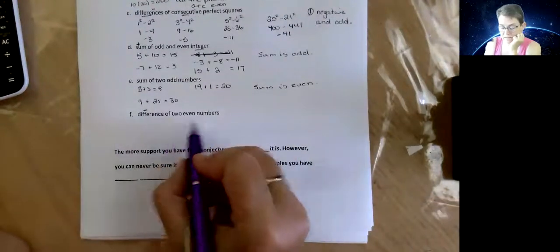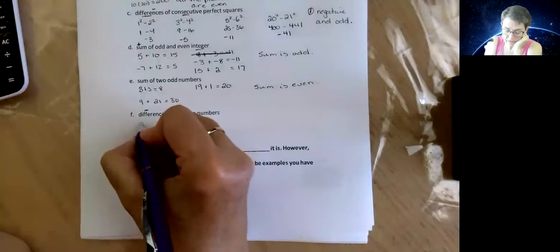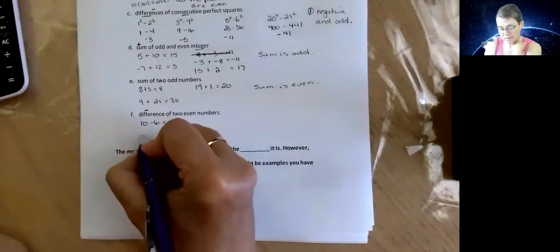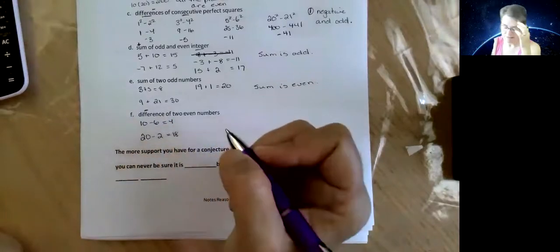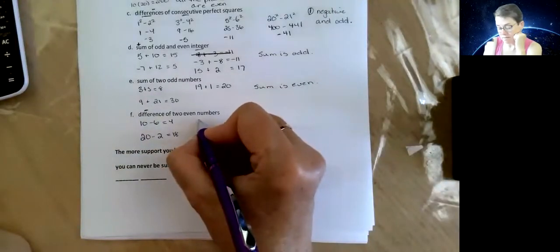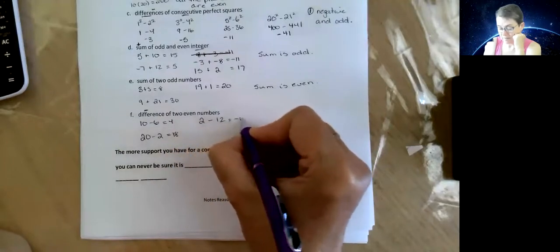All right, the difference of 2 even numbers. So 10 minus 6 is 4. 20 minus 2 is 18. Now, it didn't say anything about order, so what happens if we put 2 minus 12? Minus 10.